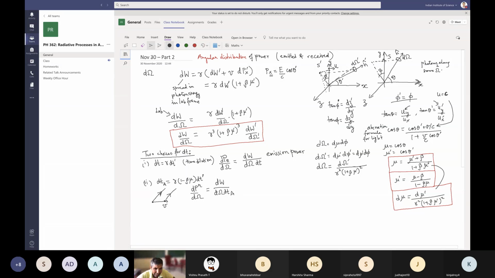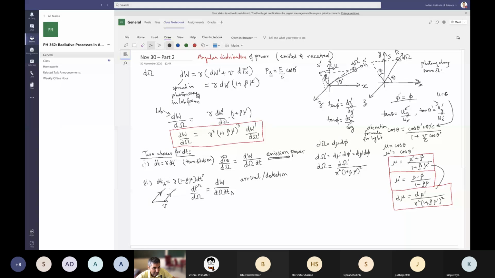Here we are dividing by the time step between the emission of these photons. Here we are measuring the time step between the arrival or detection of these photons. We denote this by R for radiation, and this by e for emission. And they are actually different.